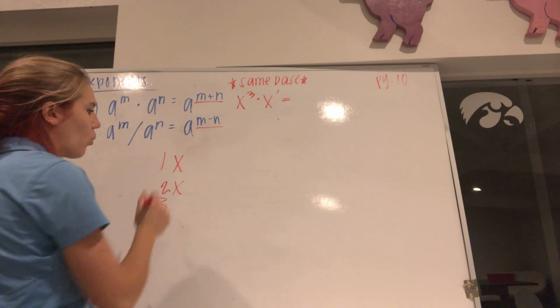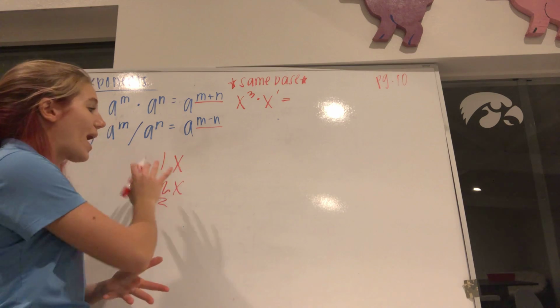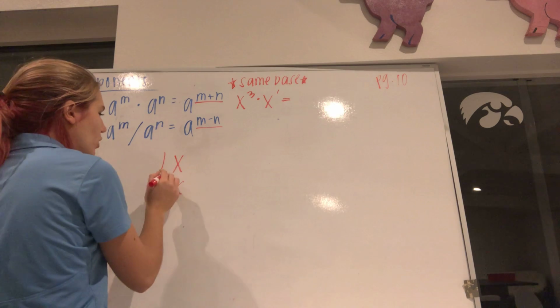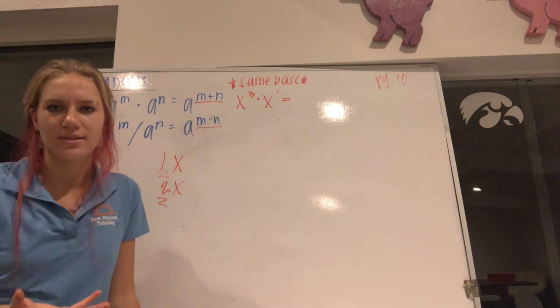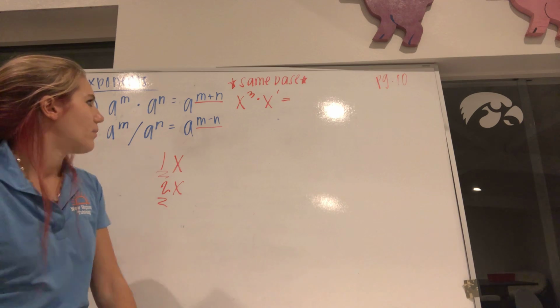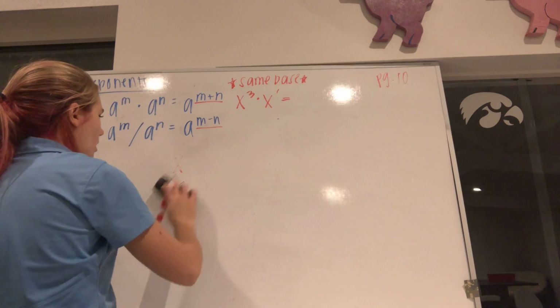Technically, even though x doesn't have a very apparent coefficient, it still has that 1 there. We just don't write it because it's redundant. So the same line of thinking for coefficients goes for exponents.